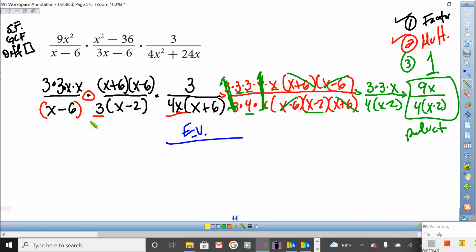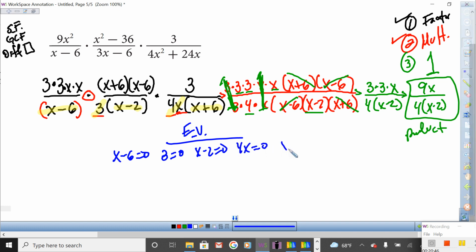Hopefully your neighbor said you use this one, the 3, this one, the 4x, and this one. All the original denominators factored out. So x minus 6 equals 0, 3 equals 0, x minus 2 equals 0, 4x equals 0, x plus 6 equals 0.